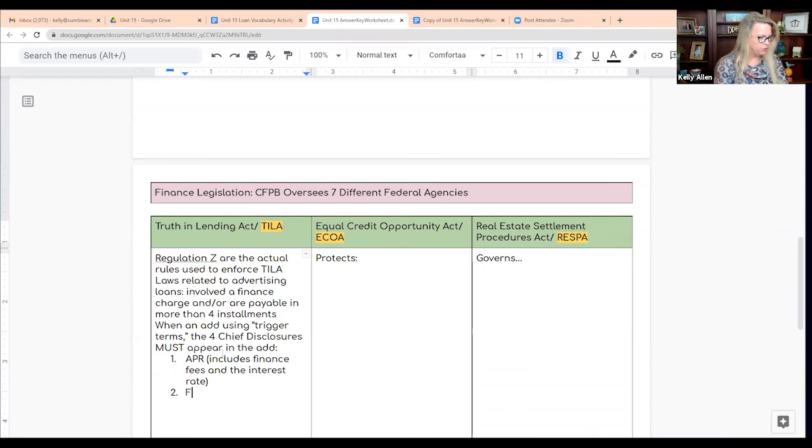Number 2, finance charges. Number 3, amount financed, and then total amount of all payments.